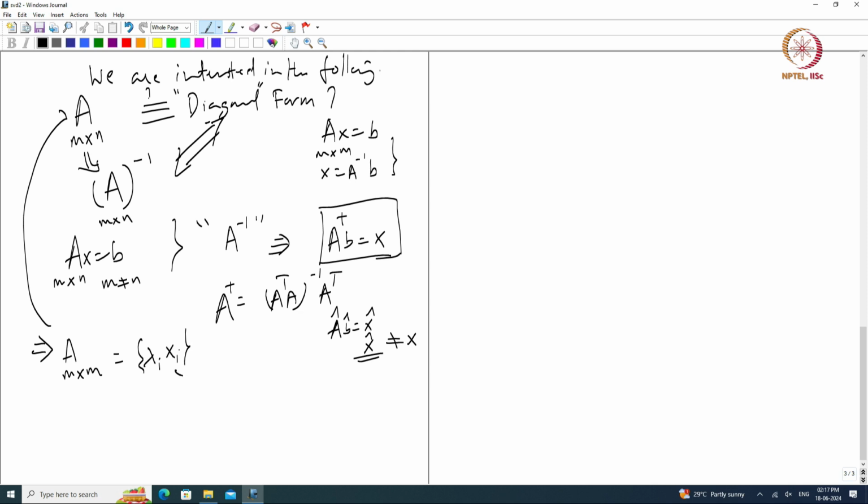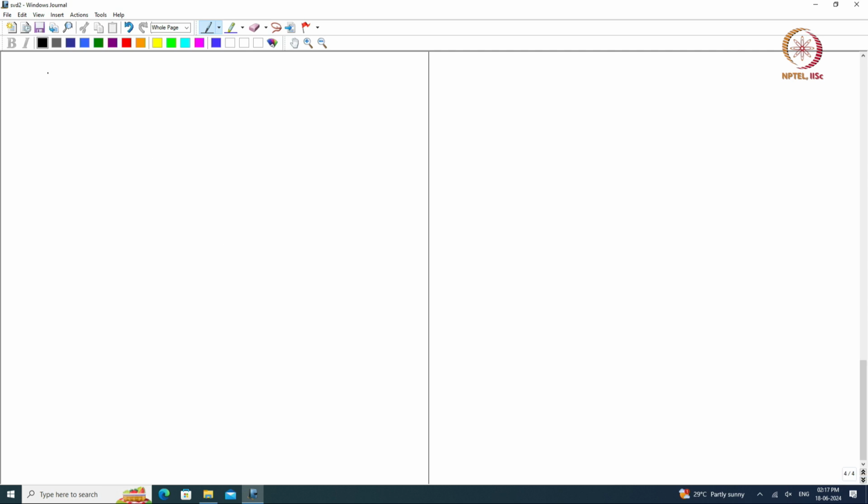So, we want some eigen decomposition, eigen-like decomposition, of a matrix A which is m cross n with m not equal to n. That is the first step. Step 1 of solving: making A which is m cross n into a square matrix.